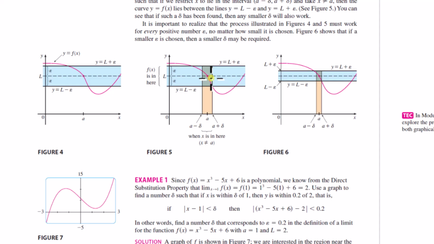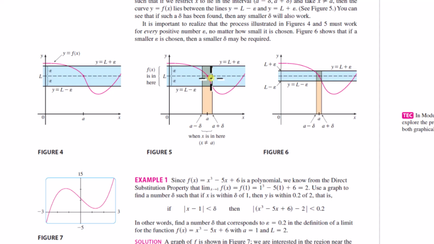It doesn't matter if for some specific limit problem, the output interval is equidistant on both sides of L or just a fixed distance on one side of L. We just call the width of whatever the interval is for any given specific limit epsilon. Because for the precise definition of the limit, for what it is trying to accomplish in terms of proving the limit exists, in either case, if epsilon is a two-sided epsilon or just a one-sided epsilon, both cases accomplish the same exact purpose. It doesn't matter.